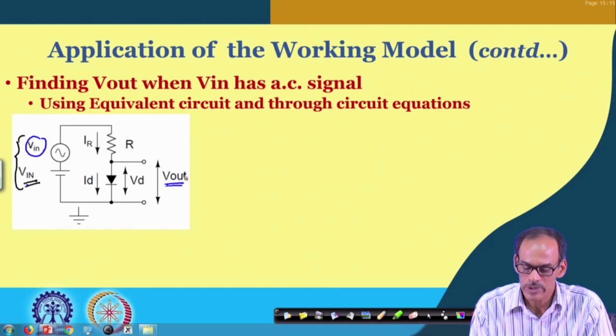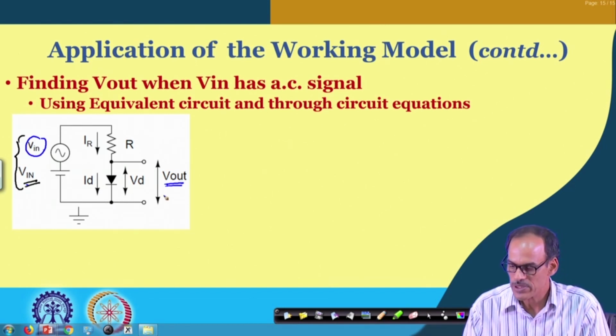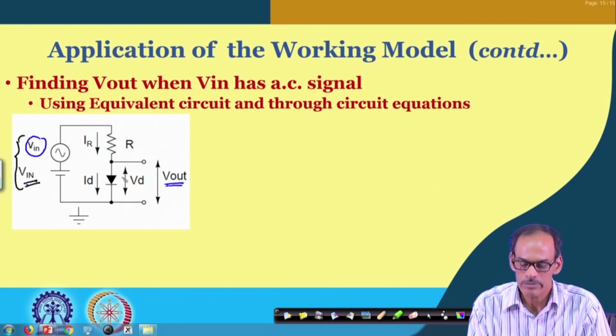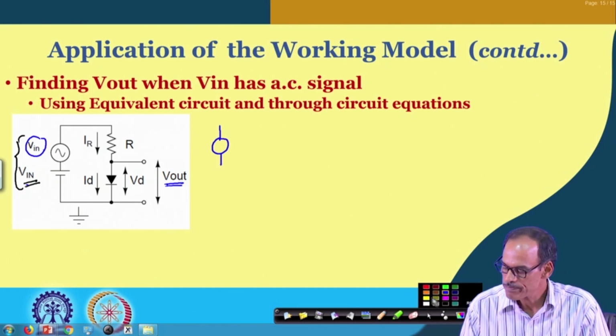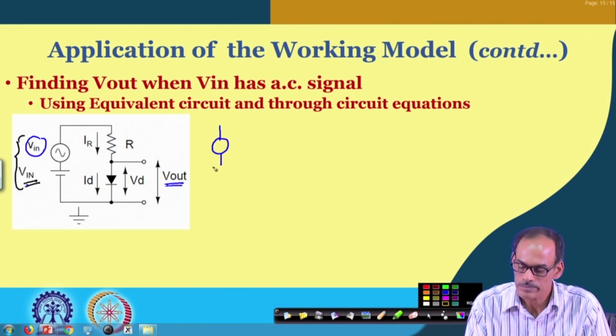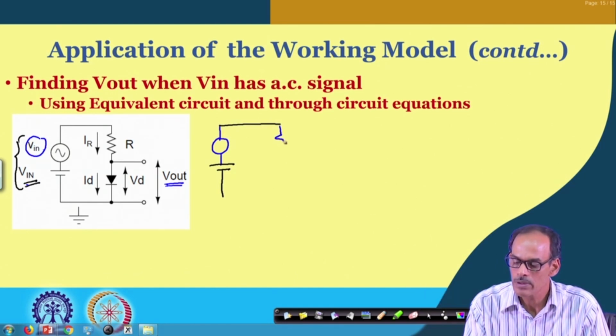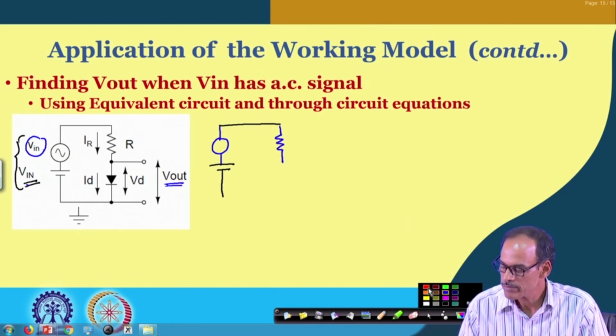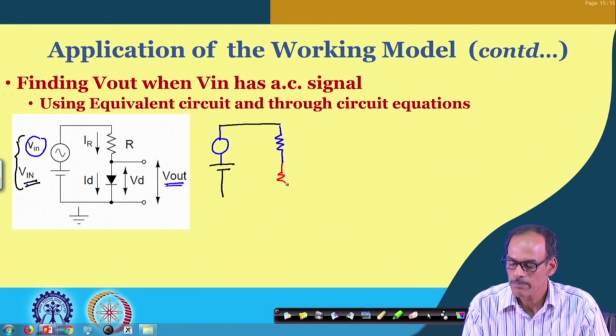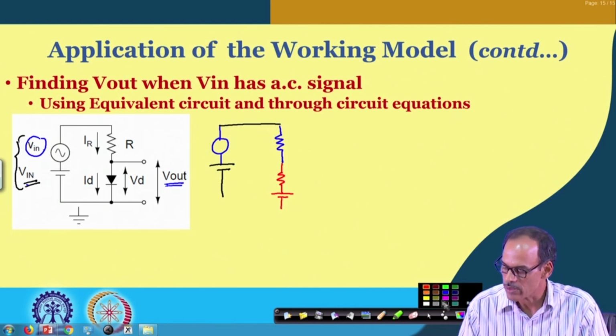So, before we go into the actual expression, let me redraw this circuit, namely replace this diode by the corresponding equivalent circuit. So, we have the small signal, we have the DC part, and then we have the pull up element, and then we have the diode part, and this diode part has the cut in voltage in series with this R on.